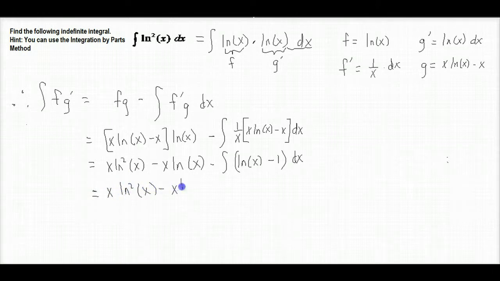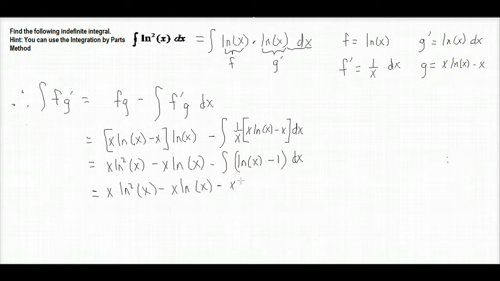And so we're confronted with the situation here where we can split these two up and do the integral of natural log of x by itself minus the integral of 1 dx. For the first term, we already know that the integral of natural log of x is x natural log of x minus x.